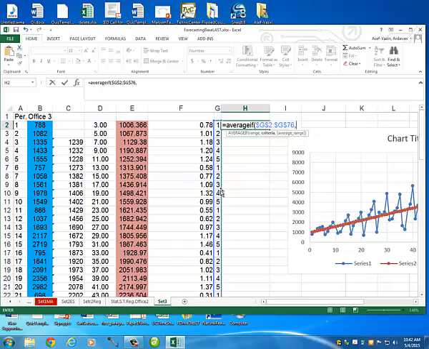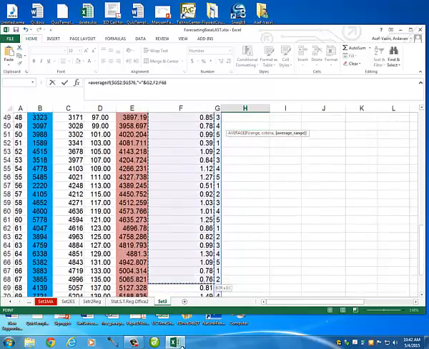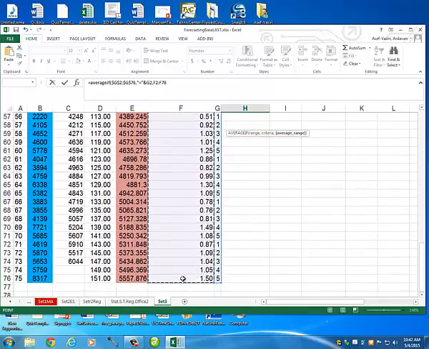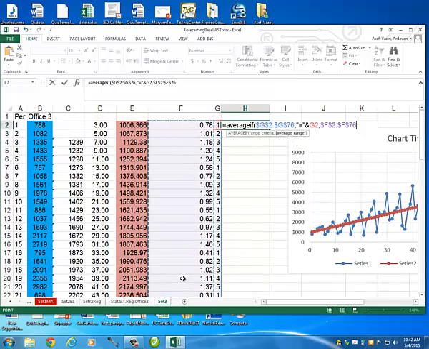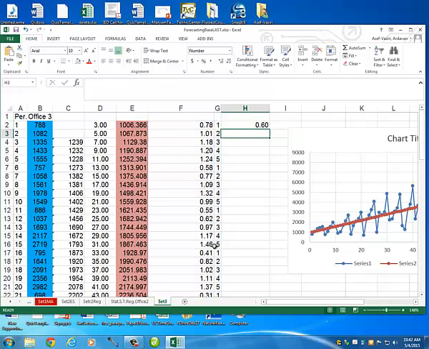If this is equal to this, if it is equal to 1, then add up these numbers and I lock it. So that is AVERAGEIF. You look at here, if it is equal to 1, then average those numbers here. I've got the same thing.